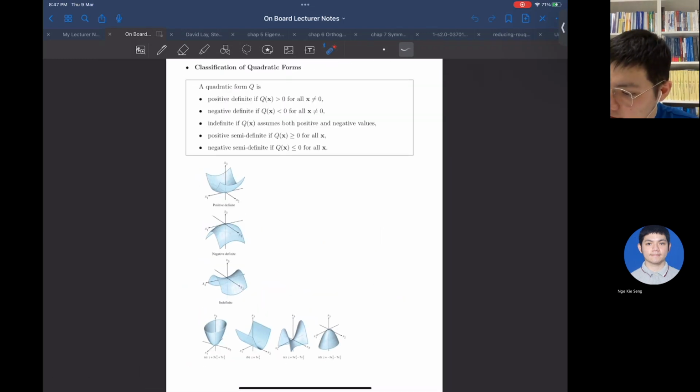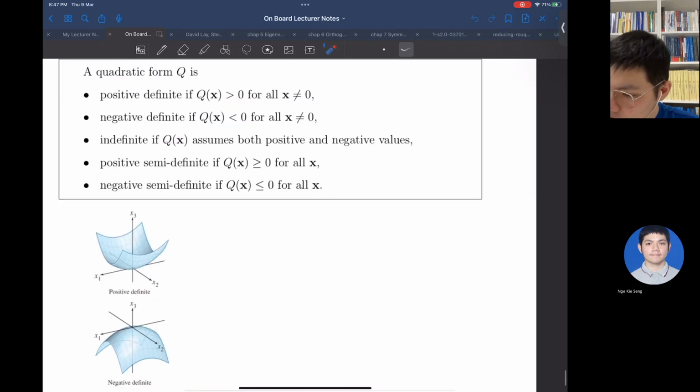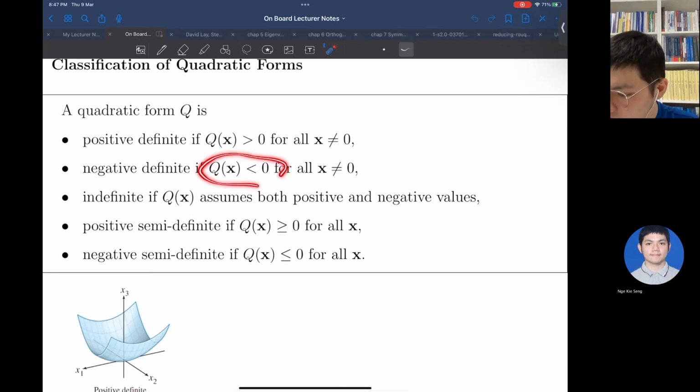So we have defined and classified the quadratic forms in a few ways. If Q(x) is greater than 0 for all x not equal to 0, then we call it positive definite. If Q(x) is less than 0 for all x that's not equal to 0, we call it negative definite.